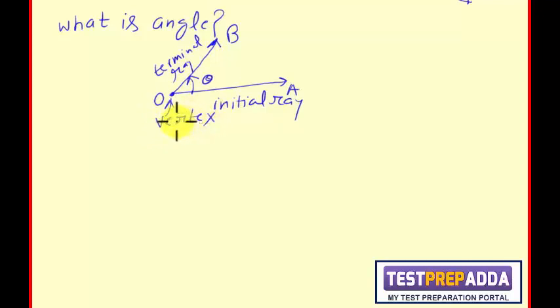So take a ray and rotate this ray in the anti-clockwise direction. This is the angle theta. This is called a positive angle.